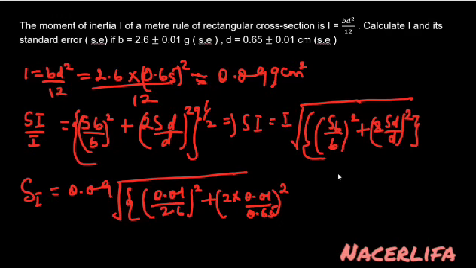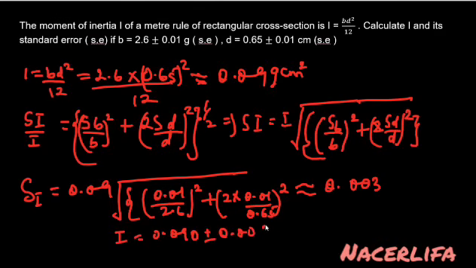Once we do this math, we have approximately 0.003. This is the standard error. Since we have this in 2 decimal places, we can now report our I as 0.090 plus or minus 0.003. So the I we have calculated is this, and the standard error in I is this.